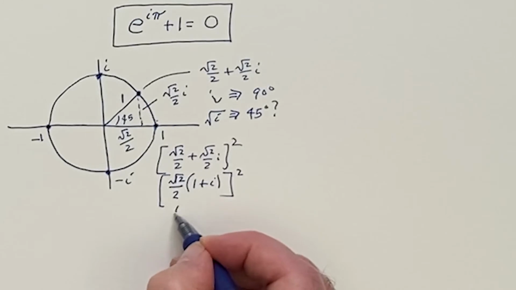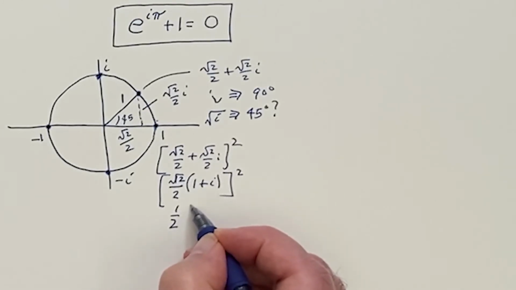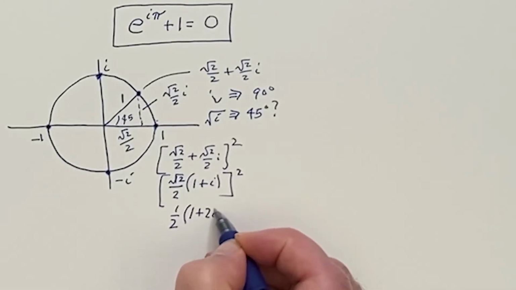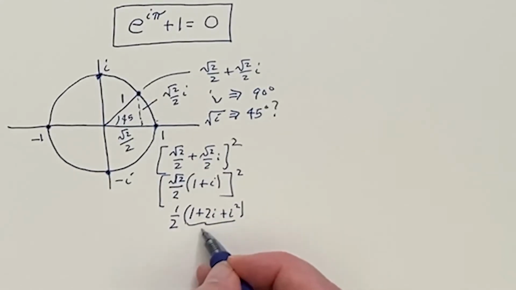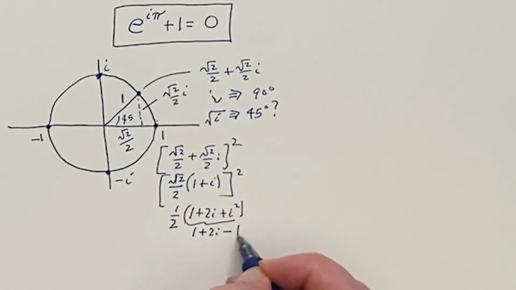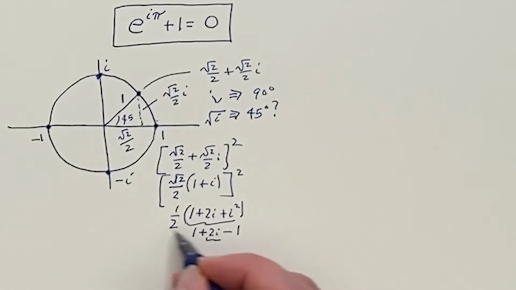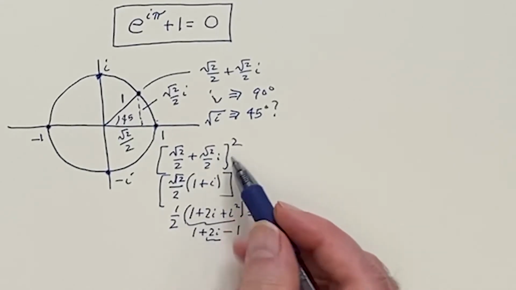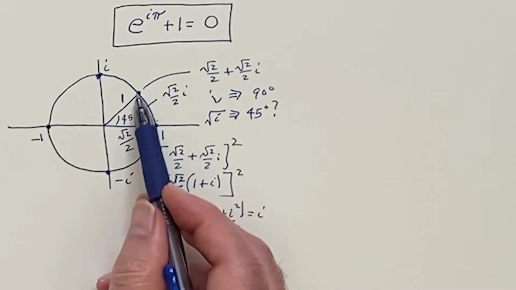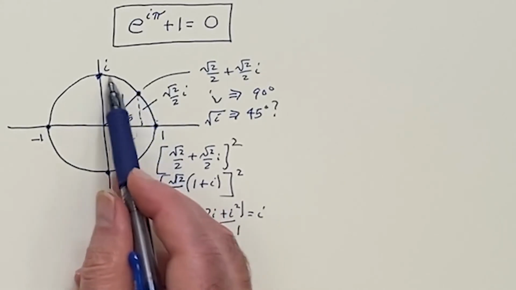Then if we square this, we get 1/2, and we get 1 plus 2i plus i squared. And this would get you 1 plus 2i minus 1. And then 2i with the 1/2 gets you i. Yeah, it worked. In other words, if we square this, we go up to the i.